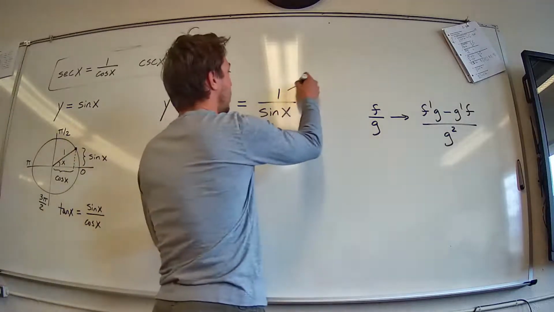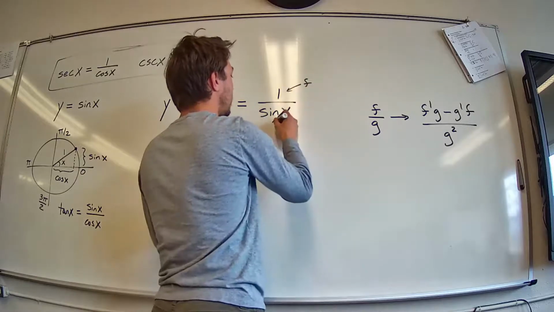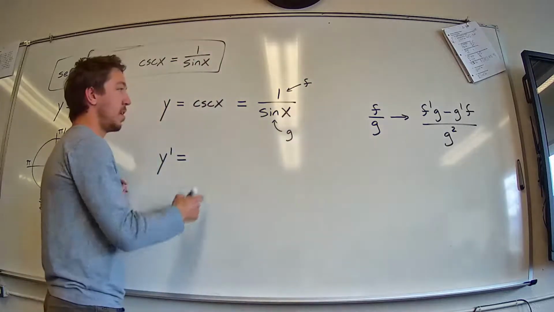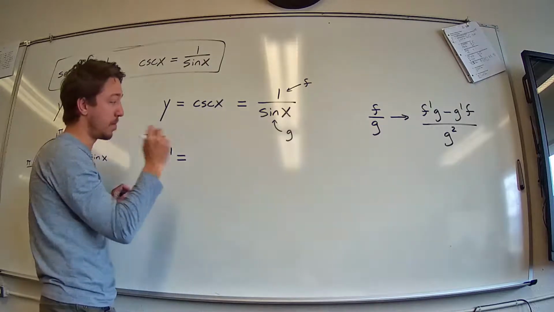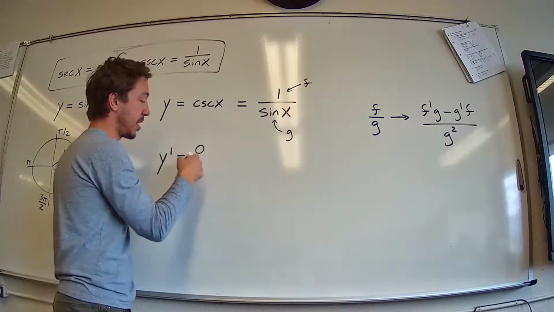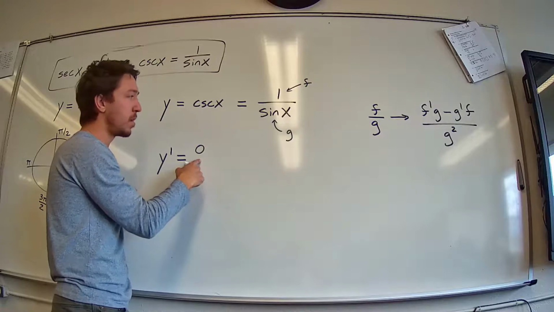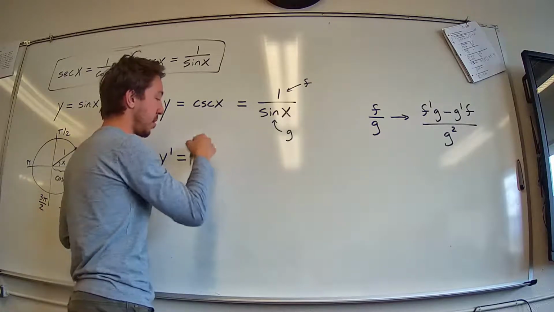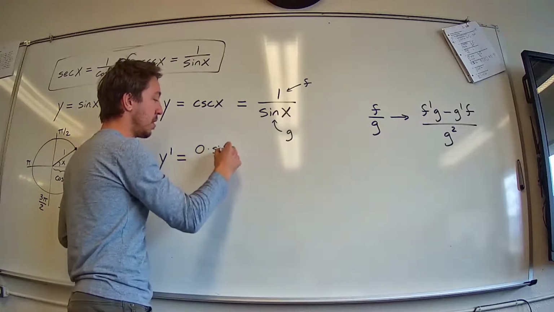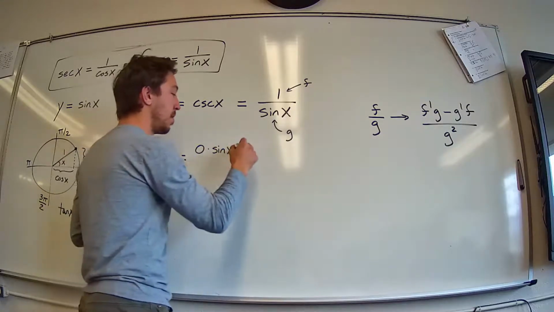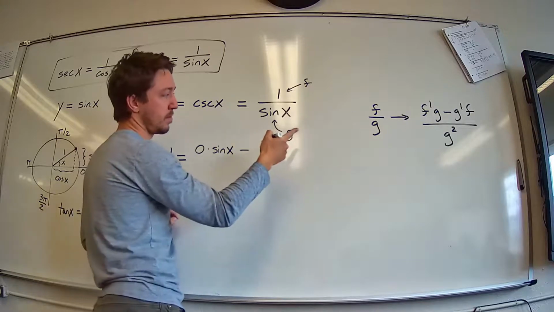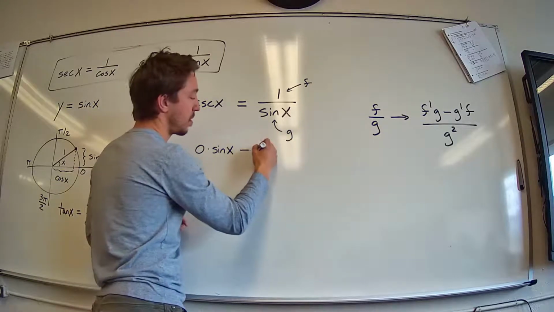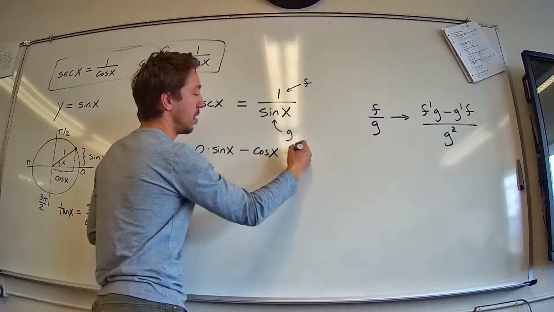This is the f, this is the g in this case. What's f prime then? When I use my quotient rule, what's f prime? 0. That's actually going to simplify life for us a little bit. So f prime times g minus g prime times f.